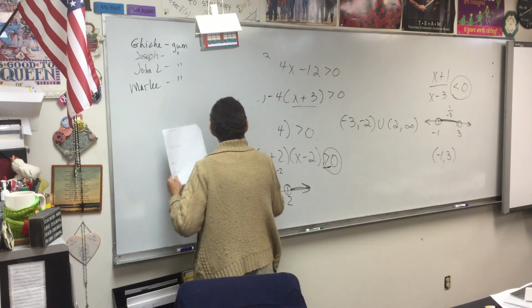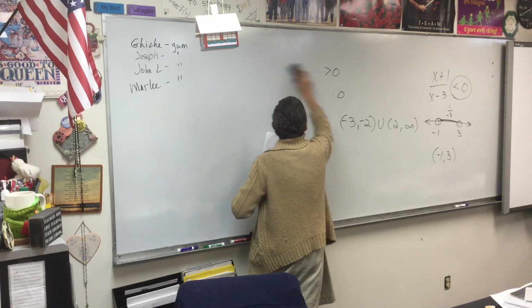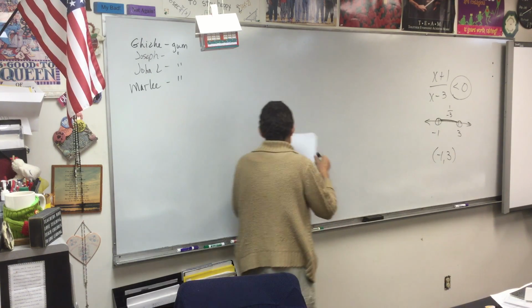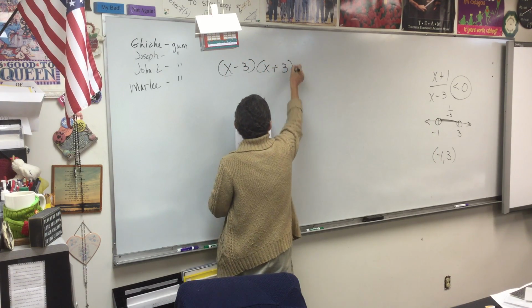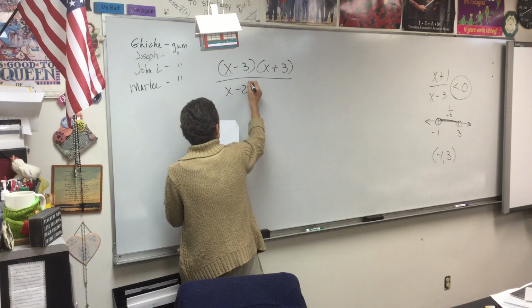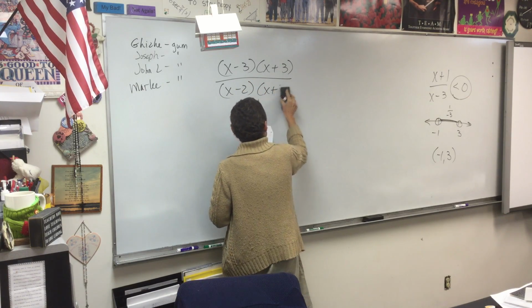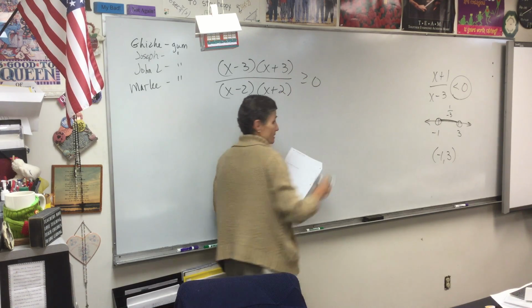Look at this last problem on this page. How do you think I'm going to start? Factor. x minus 3, x plus 3, x minus 2, x plus 2, greater than or equal to 0.